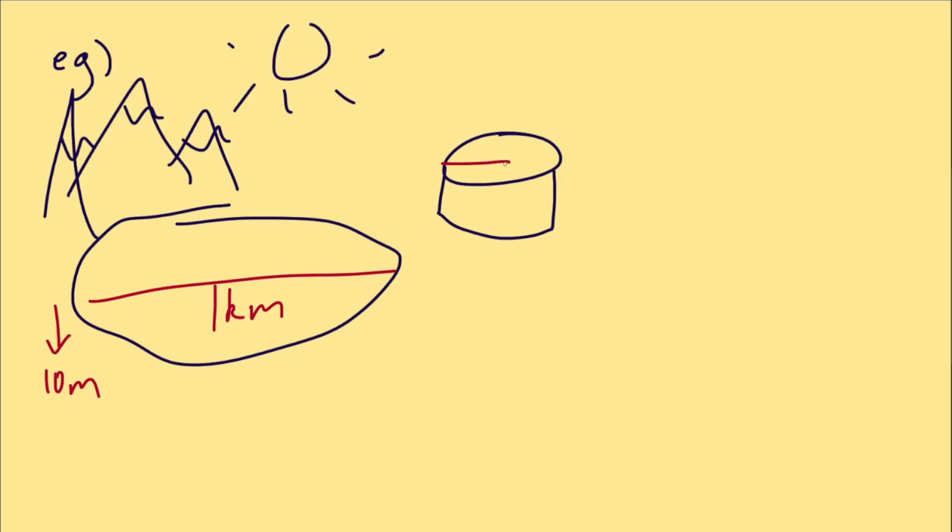Now, what's the radius? And we want to find the volume of this cylinder. The radius of this cylinder is going to be 500 meters. And we get that from dividing the diameter of the lake by 2. The depth or the height of the lake is 10 meters. There's our two values, and we can use the volume formula for cylinders to find how much water is in the lake, roughly.